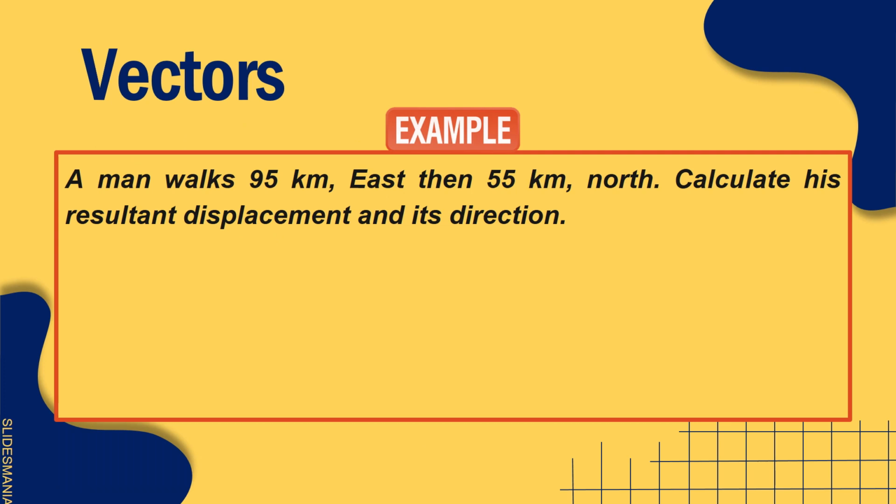Third example, a man walks 95 kilometers east, then 55 kilometers north. Calculate his resultant displacement and its direction. So, in order for us to imagine the problem, we are going to illustrate it first.